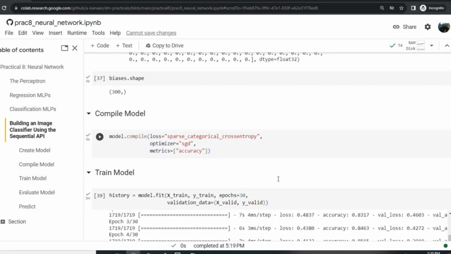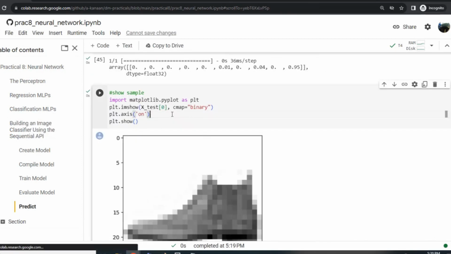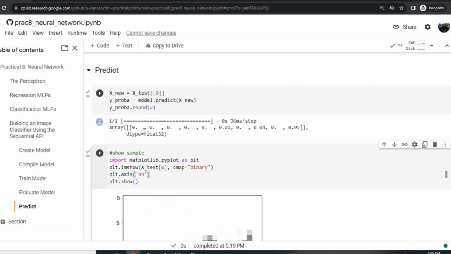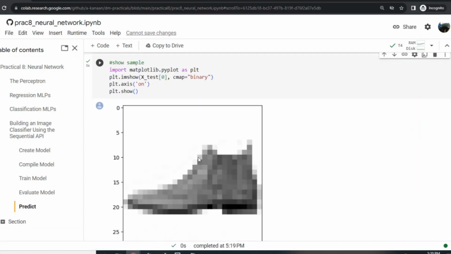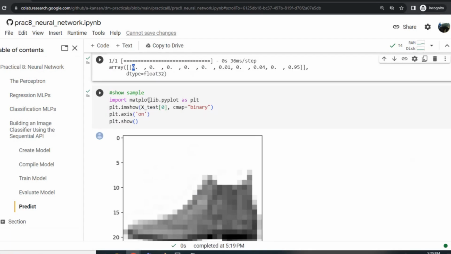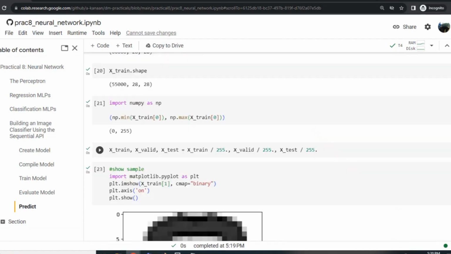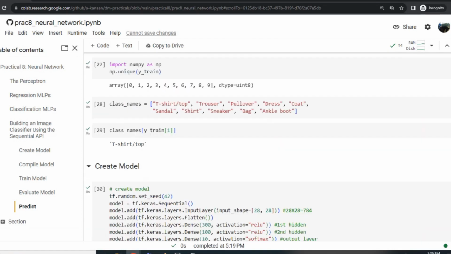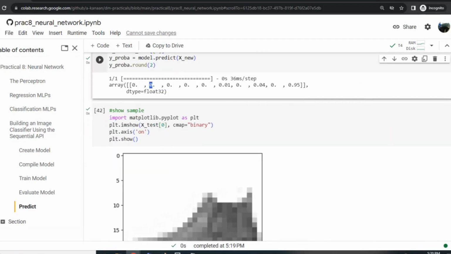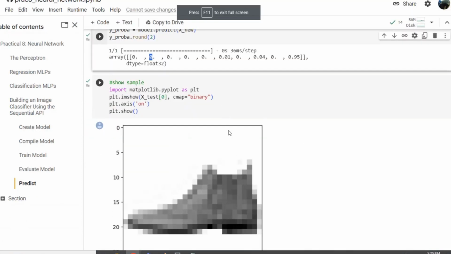Now, when you request the neural network to predict for classification, it's going to give you the probability that this photo is a t-shirt. So here, the first neuron tells you the probability is 0%. The second neuron is for trouser. So again, what is the probability that this photo, which is an ankle boot, resembles a trouser? Also 0%.